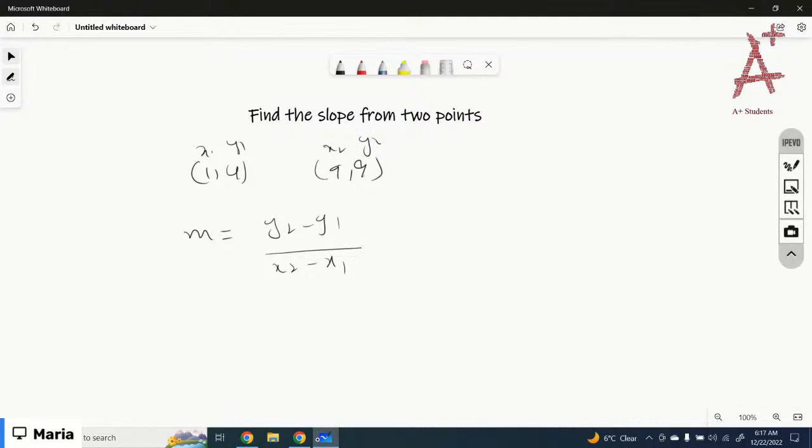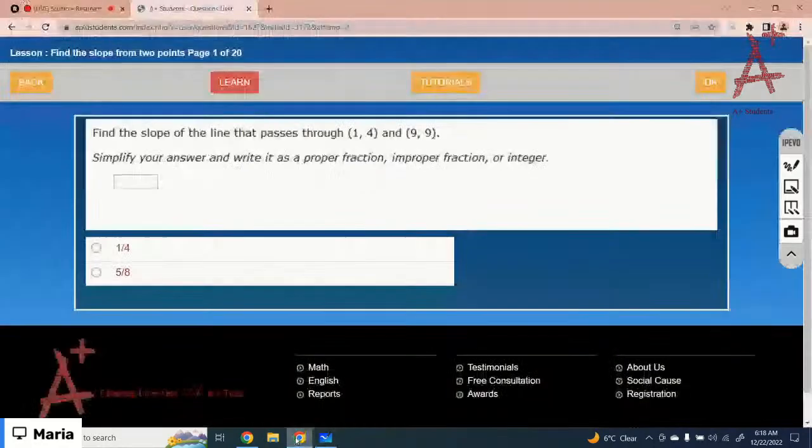Got it? So y2 minus y1 is 9 minus 4 and x2 minus x1 is 9 minus 1. 9 minus 4 is 5 and 9 minus 1 is 8. It would be 5 over 8. So the slope of the line that passes through the points is 5 over 8. Got it? Just select the correct option, then click on the OK button.